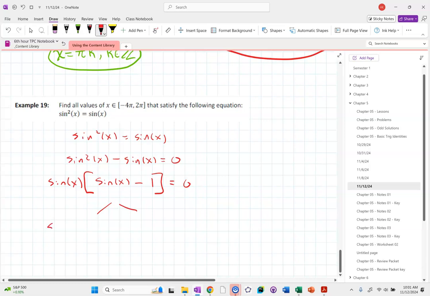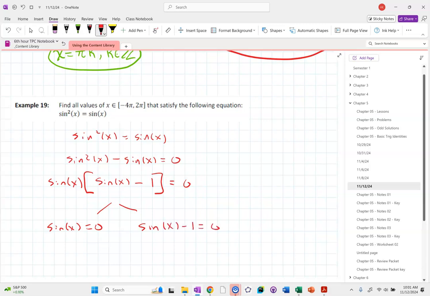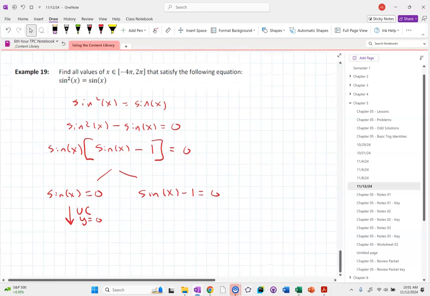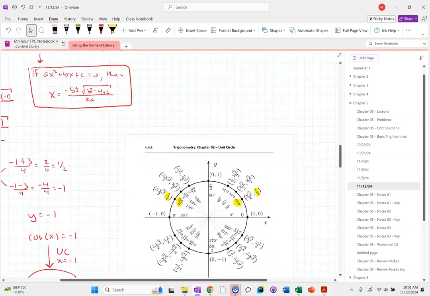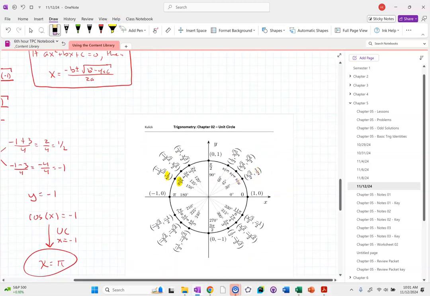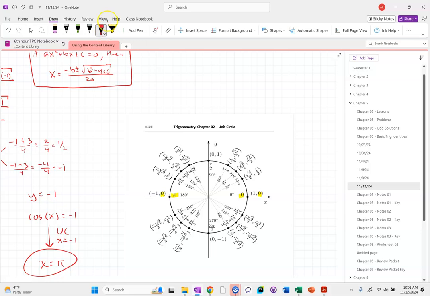So now that we factored, we apply the zero product property. So far, so good. The one on the left, sine x is isolated by itself, so I just need to go to my unit circle and look for where y equals 0. So if I do that, I have it here at 0, and then here again at pi.